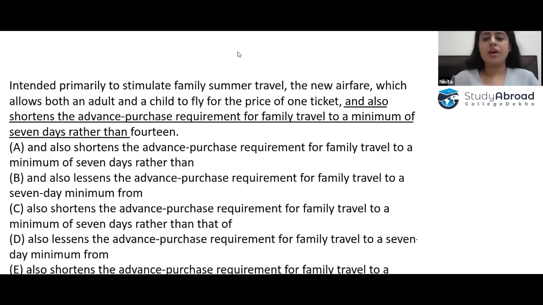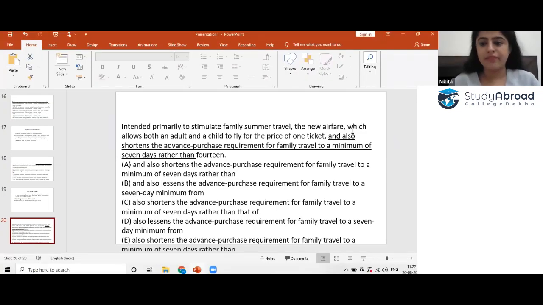All right, now let's see that this sentence has this which, and it is giving some information: which allows both an adult and a child to fly for the price of one ticket. The tip I want to give you is that this is extra information, although it is non-underlined.